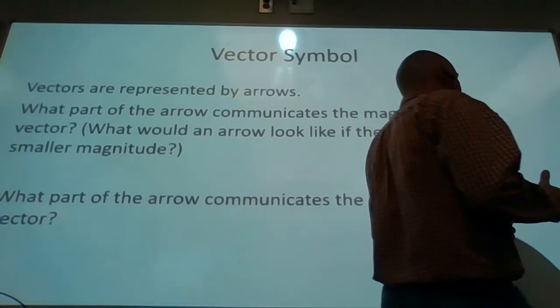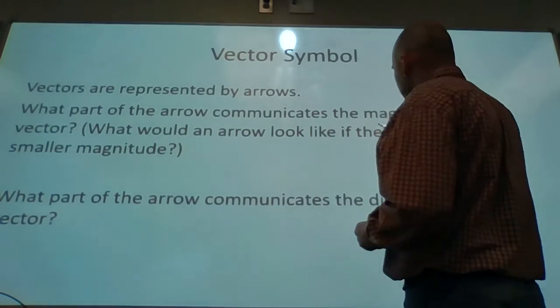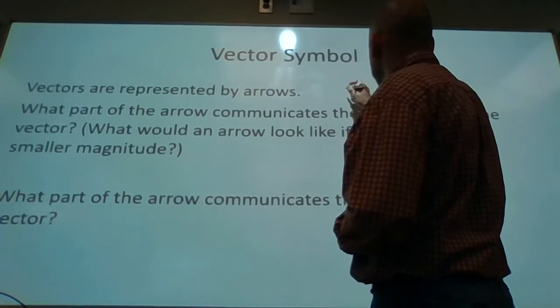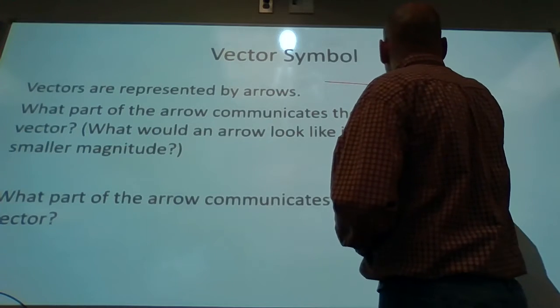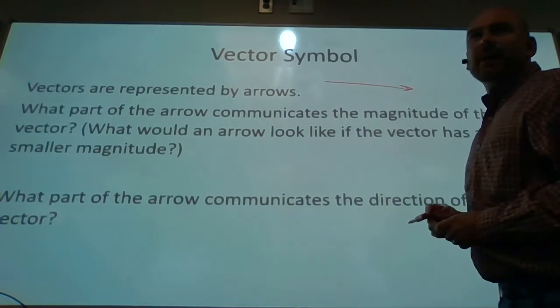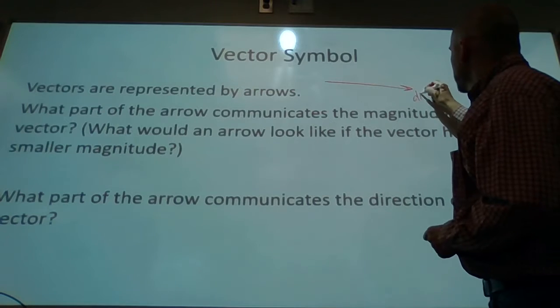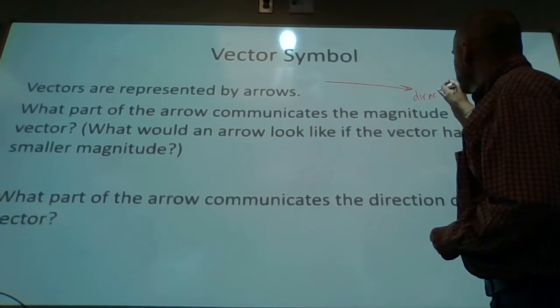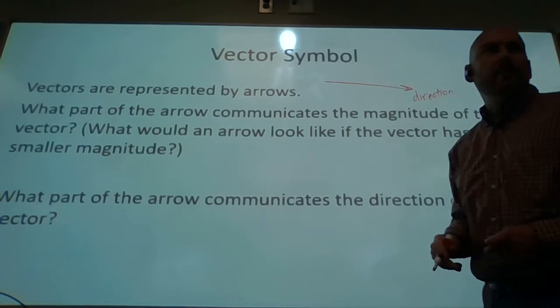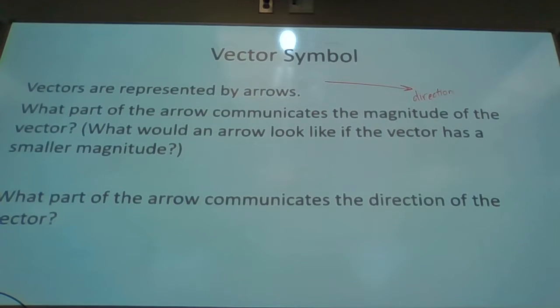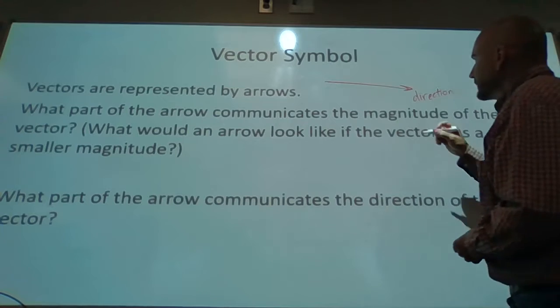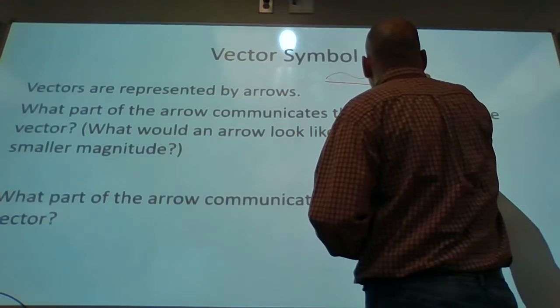Okay, one way to communicate or draw a vector pictorially is with an arrow. So the direction part, that's pretty obvious. That's communicated by which way the arrow is pointing. Okay, but the magnitude part is communicated by the length.